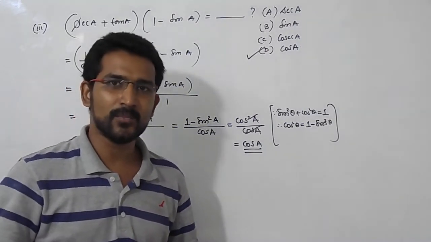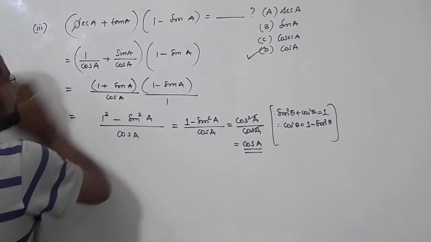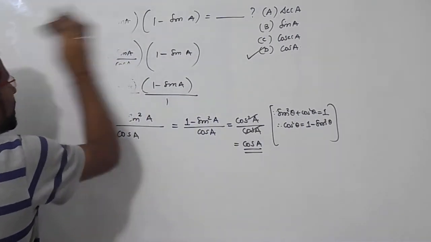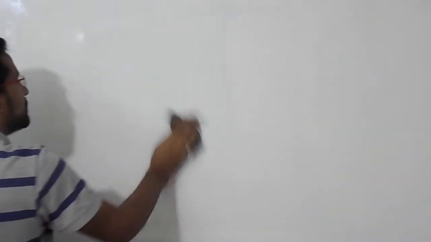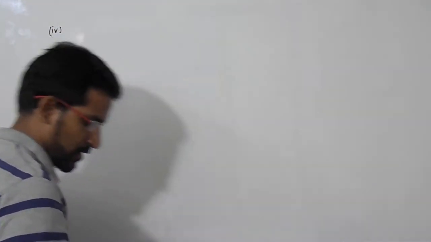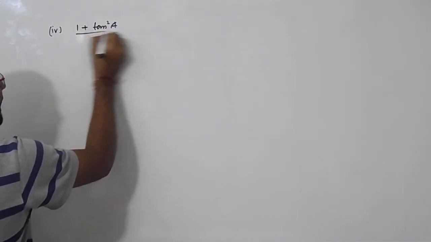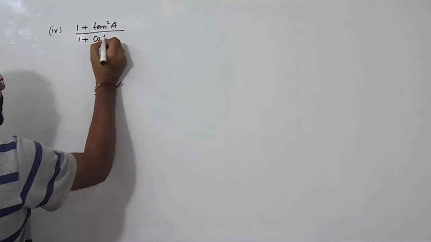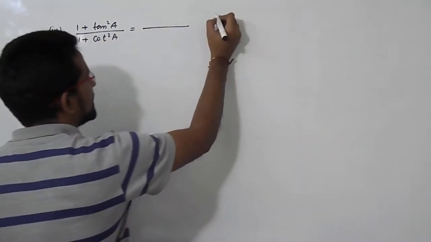Now we will see the question number 4. Now sub question number 4, it's (1 plus tan square A) divided by (1 plus cot square A) is equals to dash, and we are given with the options.